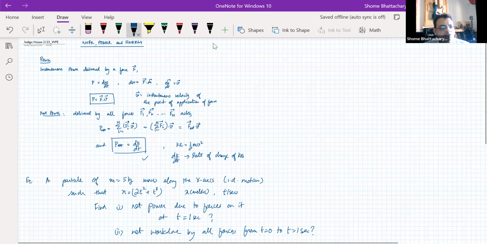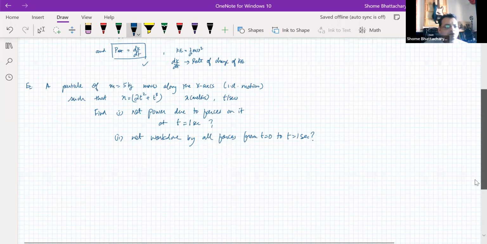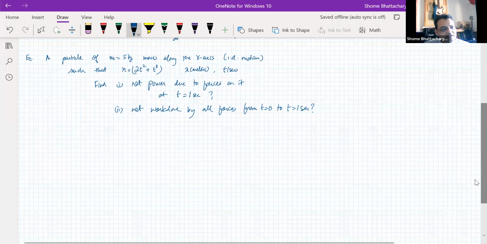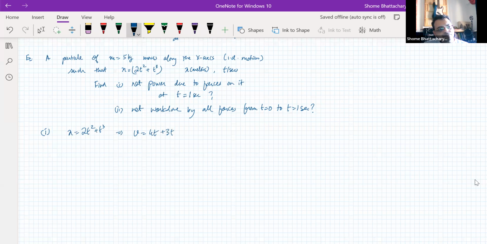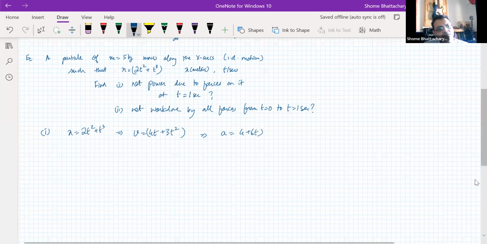Okay, now let's come to this question. So for instantaneous net power, one thing I can do is I can define, because x is given as this, you can see instantaneous velocity is 4t plus 3t square. Okay. And therefore, I can even see instantaneous acceleration is 4 plus 6t.